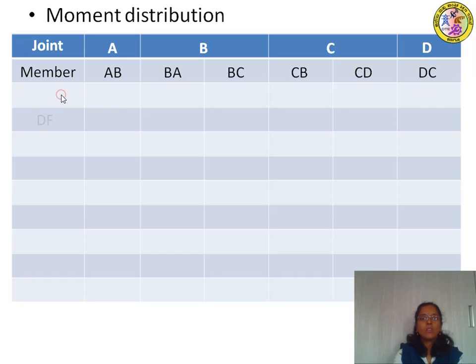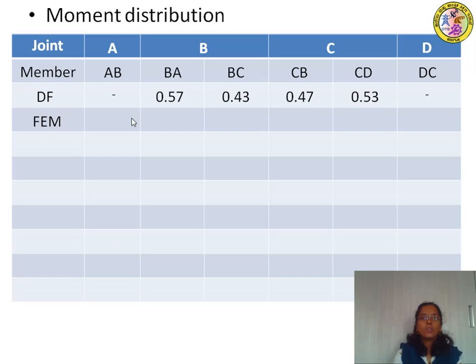Okay, so the third row is distribution factors. The distribution factor for BA is 0.57, for BC 0.43, for CB 0.47, for CD 0.53. Next, in the next row we will write the assumed fixed end moments for sway.